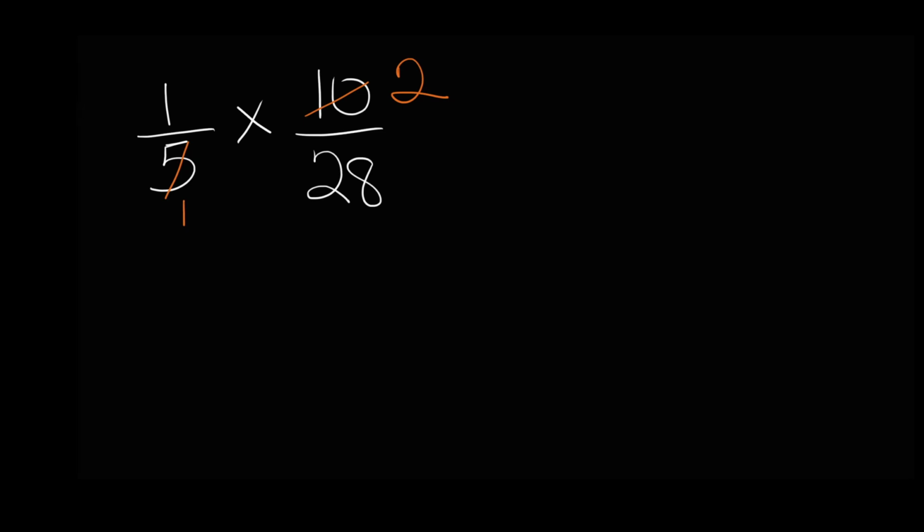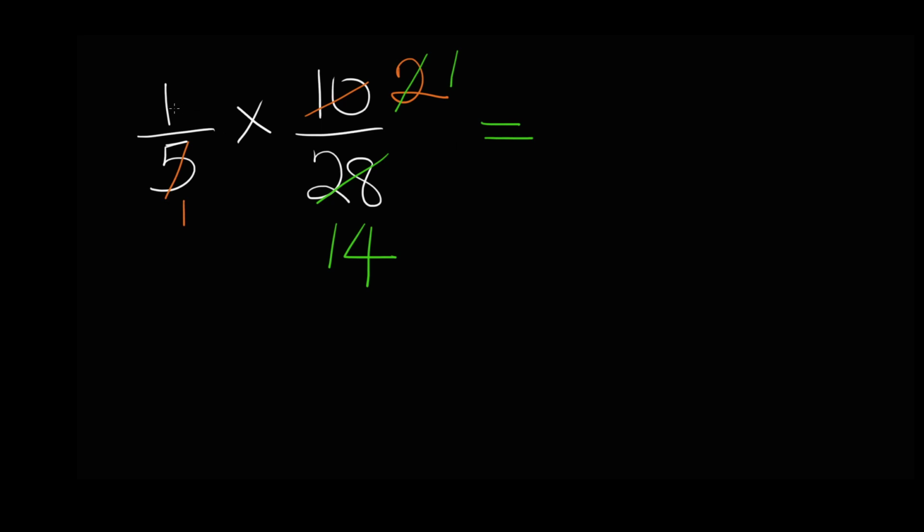Alright. If you also take note, 2 is at the numerator right now. 28 is at the denominator. They have a common factor of 2. So that means I have 2 in 2 is 1, 2 in 28 is 14. Okay, so in that case, what is my final answer?